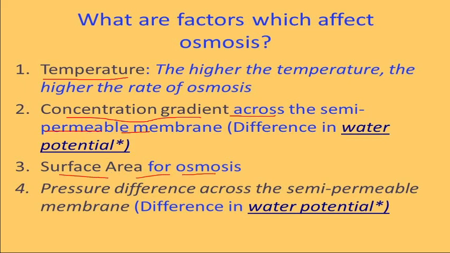Surface area is also a factor for osmosis. It has to do with the nature of the surface through which the water molecules are moving. If the surface is so large, water will move much more compared to a narrow surface.